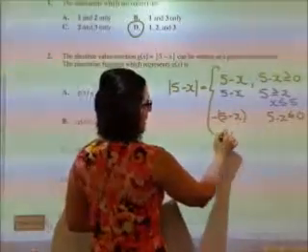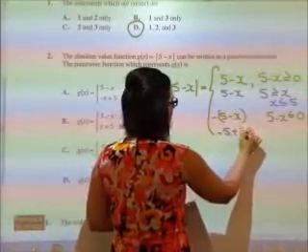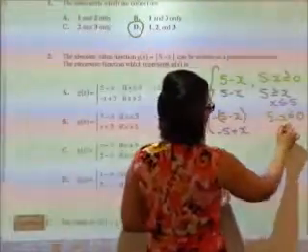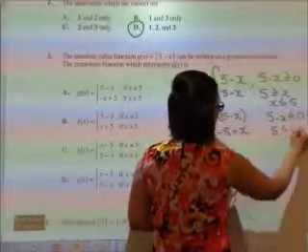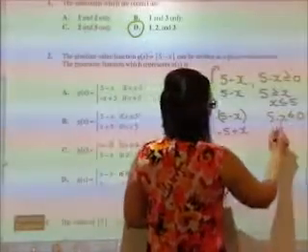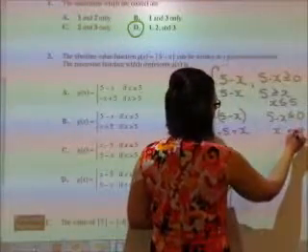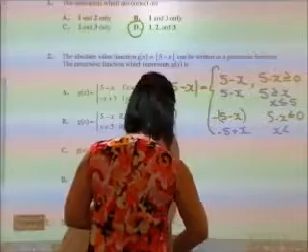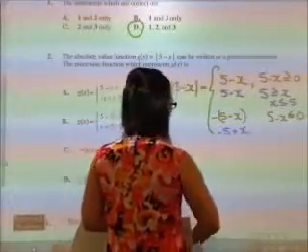With this one, I would get -5 plus x. And in this case, this shouldn't be equal to, it should be just greater than. I'm trying to make many steps at once.